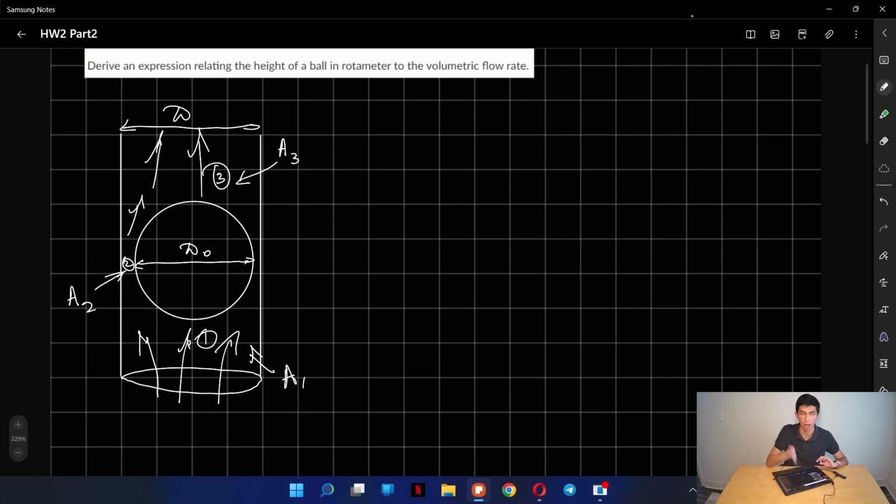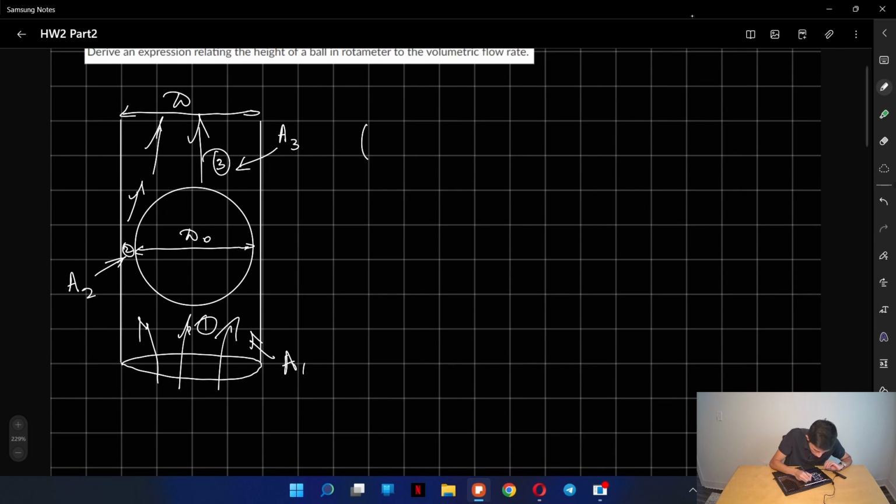One of the forces we have is the weight. That's going to be the mass times the gravitational acceleration. We set up our mass as the difference between the density of the ball and the density of the liquid, multiplied by the volume, and then multiply by the gravitational acceleration to get the force. So that's the density of the ball minus the density of the fluid, times the volume.